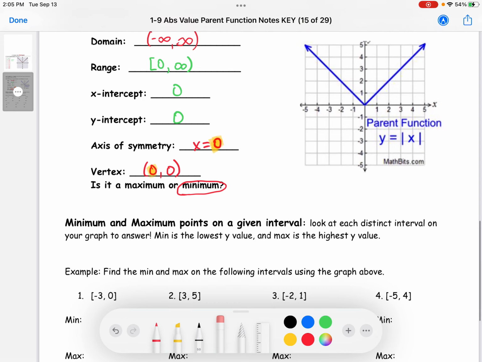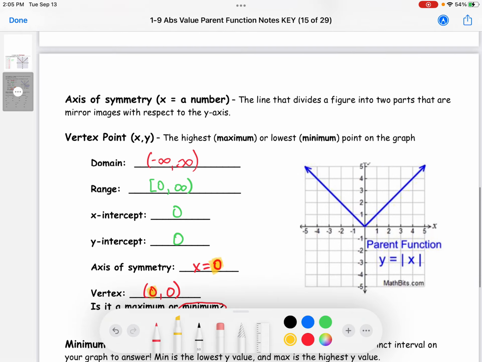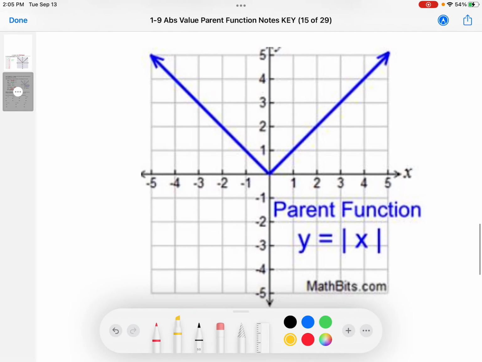So I'm going to draw a vertical line at -3 and a vertical line at 0. The stuff in between here, this part of the graph, is the only thing that we are worried about.